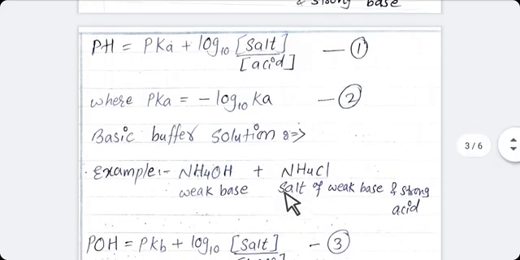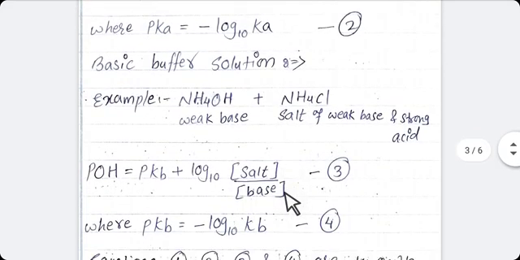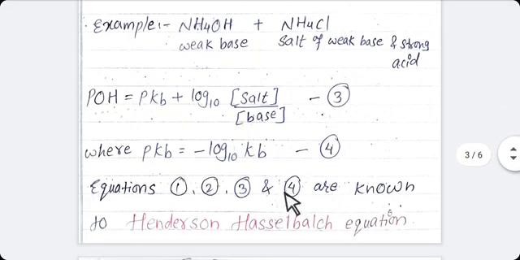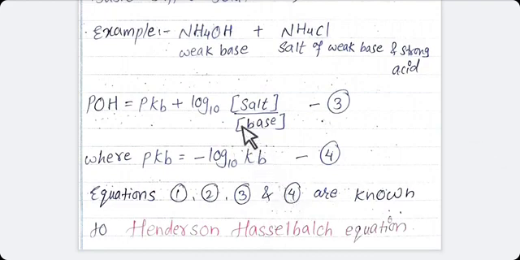As you have seen, the example for basic buffer solution is the weak base NH4OH, ammonium hydroxide, plus NH4Cl, ammonium chloride. So ammonium hydroxide is the weak base and ammonium chloride is the salt of weak base and strong acid.